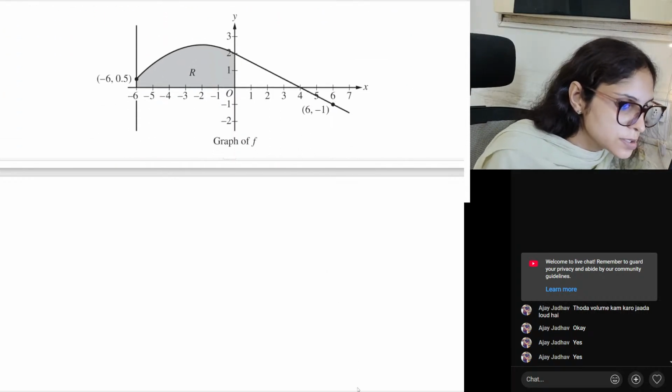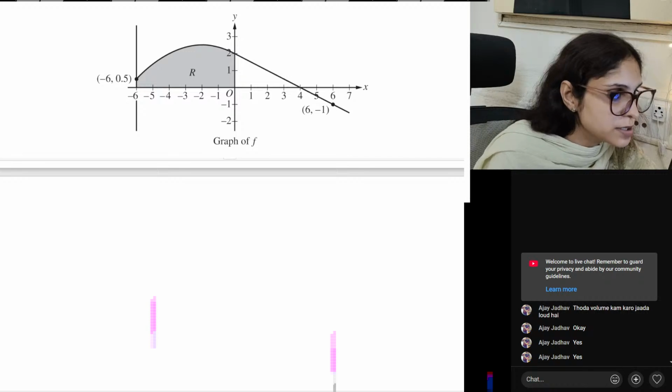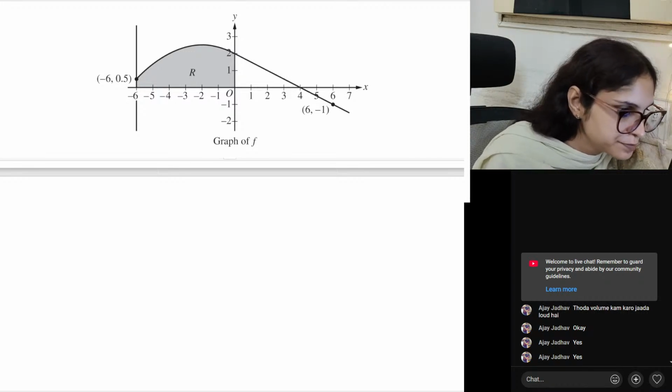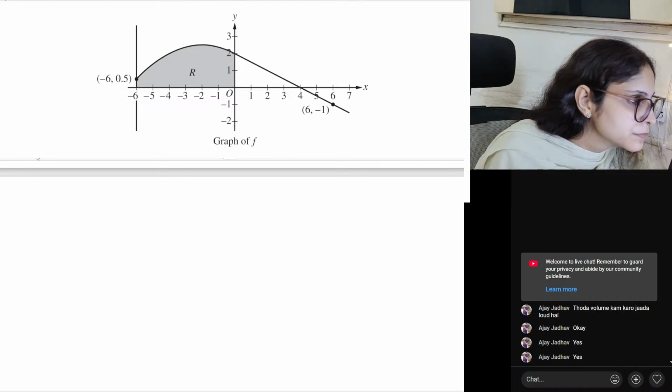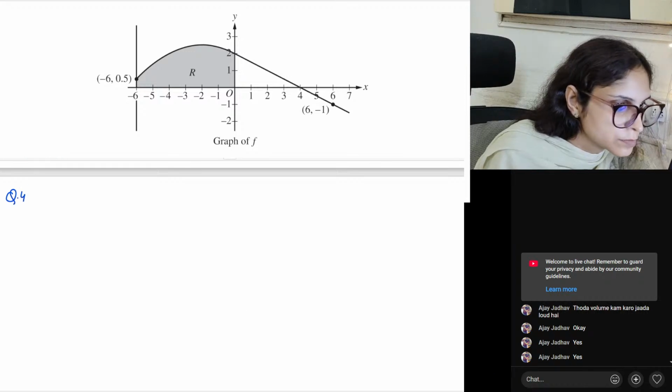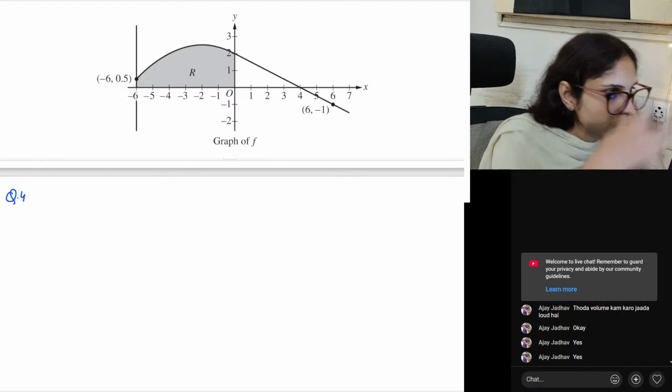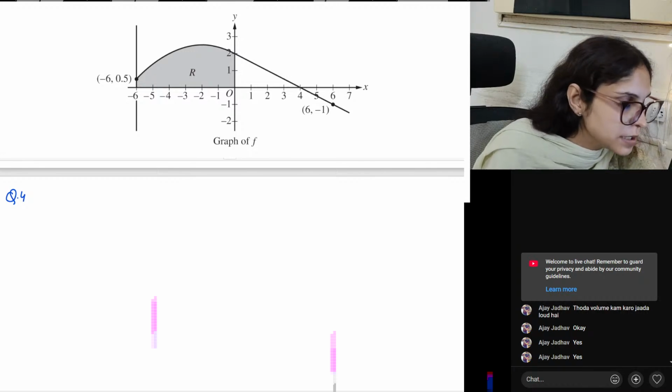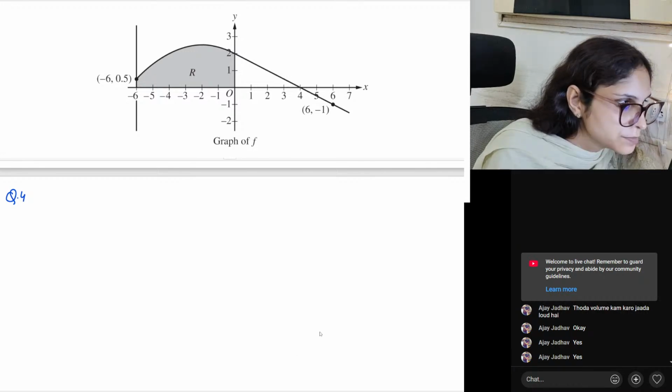So the third question is now complete. Now we'll move to the next question, question number 4. This is the graph that is given to us, and let's see what the question is asking.